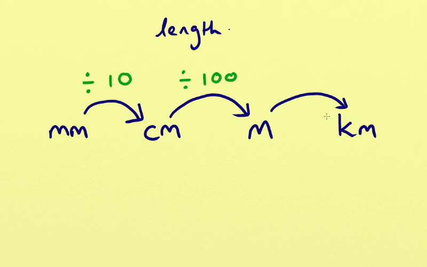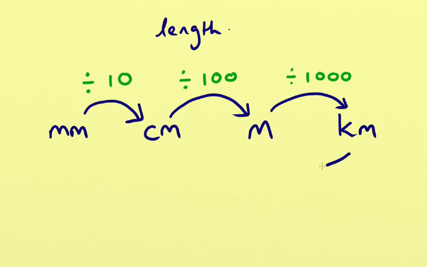And from metres to kilometres, we divide that number by 1000. So this diagram is based on a couple of rules: starting with the smallest, getting bigger and bigger, and the conversion factors are 10, then 100, then 1000. It should be relatively straightforward to draw out.